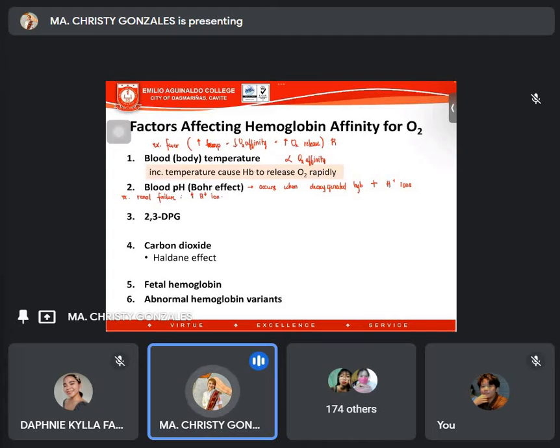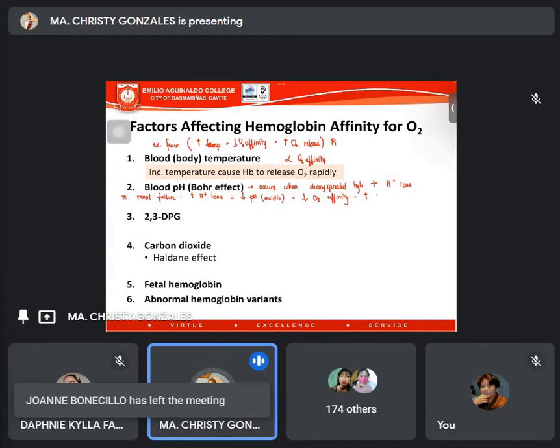Okay. So, kapag nag-increase ang hydrogen ions, ano po ang nangyayari? Nagdi-decrease ang blood pH natin. So, nagiging acidic. Right? So, pag bumaba ang blood pH natin, nagkakaroon ng decrease oxygen affinity, increase ang oxygen release.